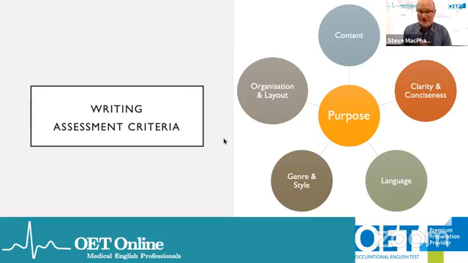There is a criteria right there in the center, which is purpose. There's our purpose criteria. Then we have a content criteria. We have criteria for clarity and conciseness of writing.